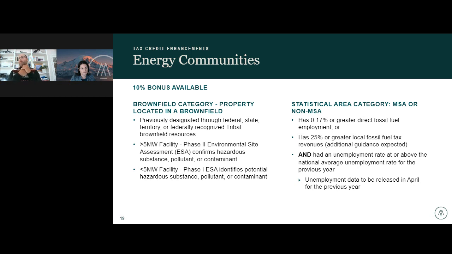But those 2 categories are the statistical area category, and it depends on being located in a metropolitan statistical area, or in a non-metropolitan or rural area that has had fossil fuel employment that meets certain thresholds, and that MSA or non-MSA has an unemployment rate at or above the national average.